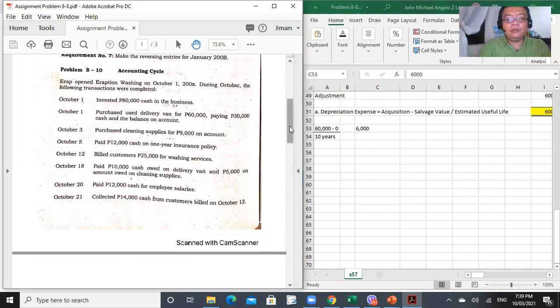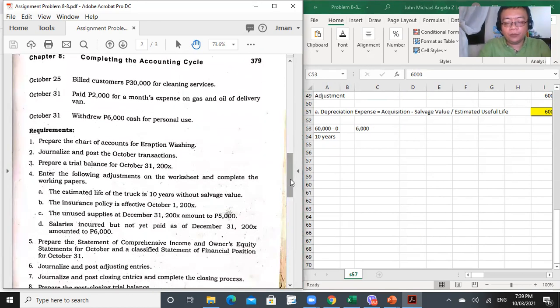In terms of adjustment, the depreciation is adjusted on December 31, the balance sheet date. Meaning, October 1 to December is only your depreciation expense. Why? Because you purchased the transport equipment only last October 1. You get the point?